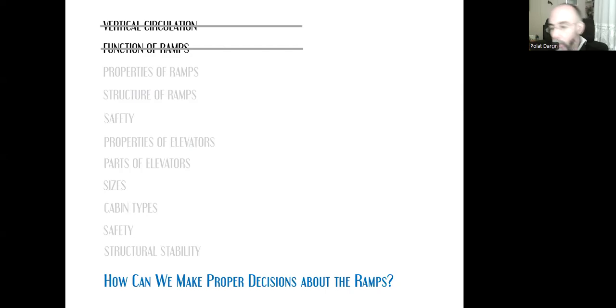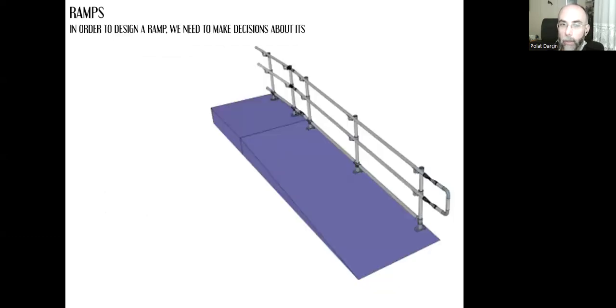How can we make proper functional decisions about ramps? We need to take a look at the properties of the ramp. We need to make decisions about its slope, the most important property. We can indicate it with an angle or a percentage, using percentage.